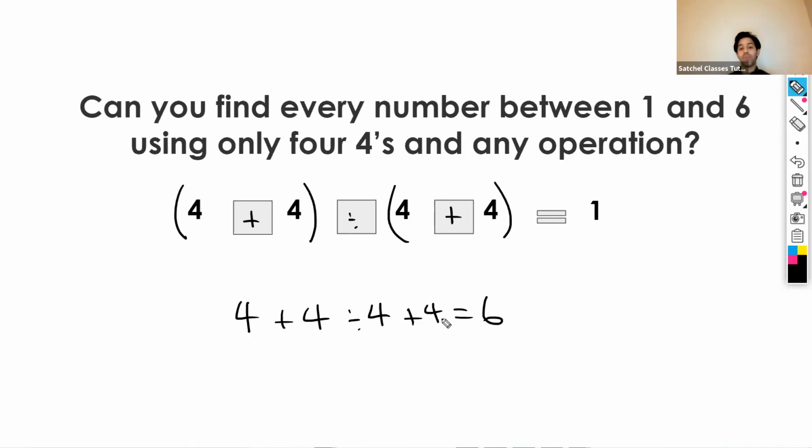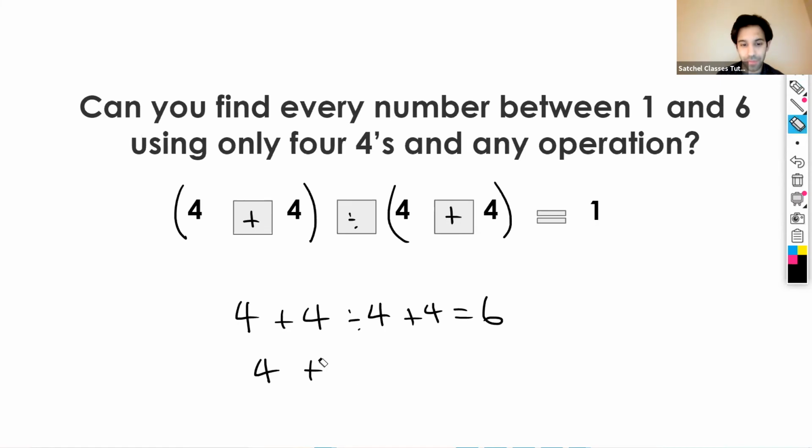Well, actually, it's not right, because what I would have to do first is 4 divided by 4. So that's going to be 4 plus 1 plus 4, which will give me 9. So this wouldn't work for 6.